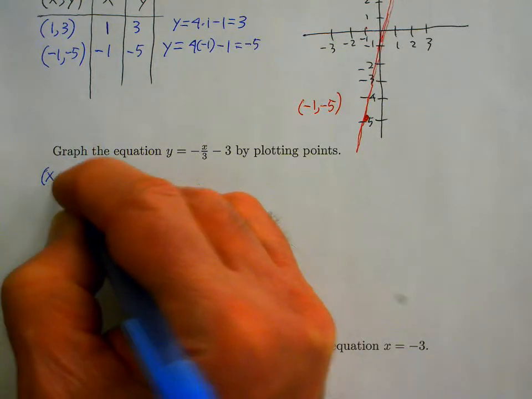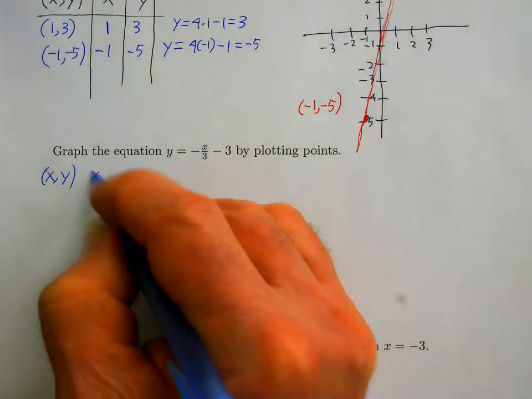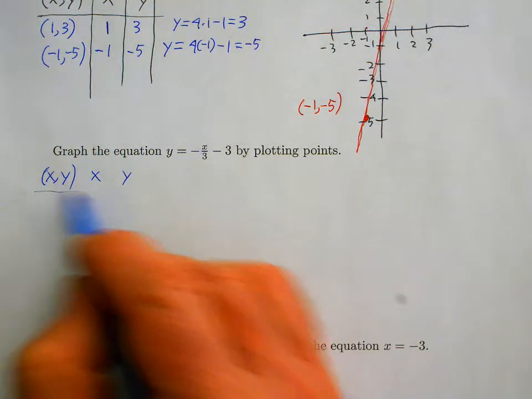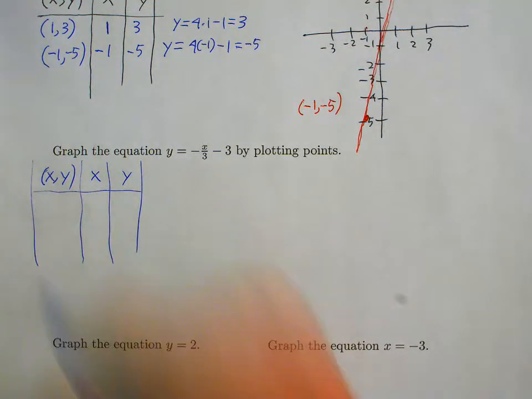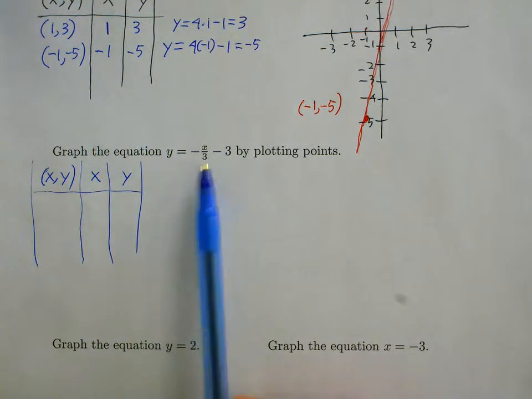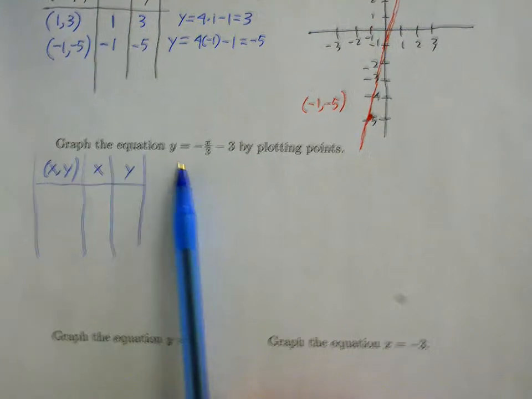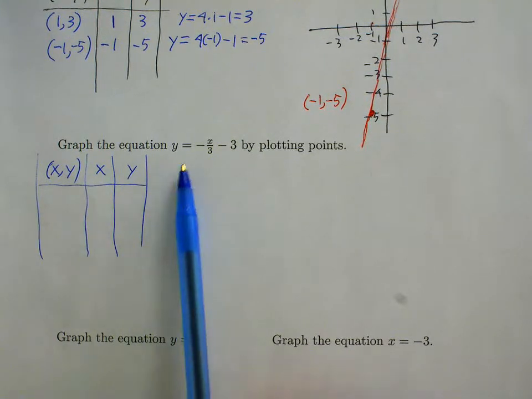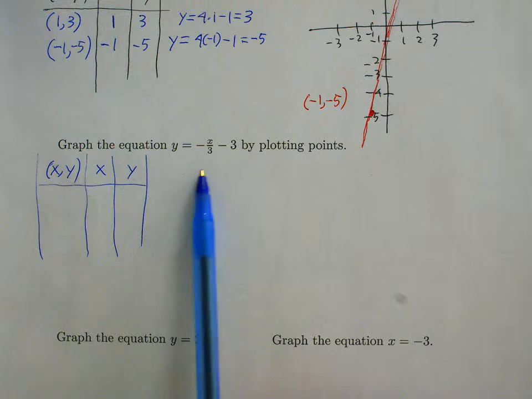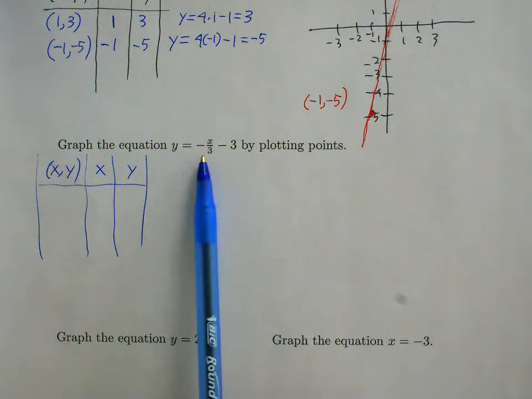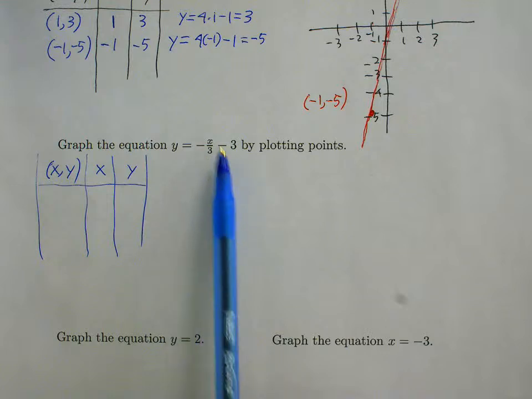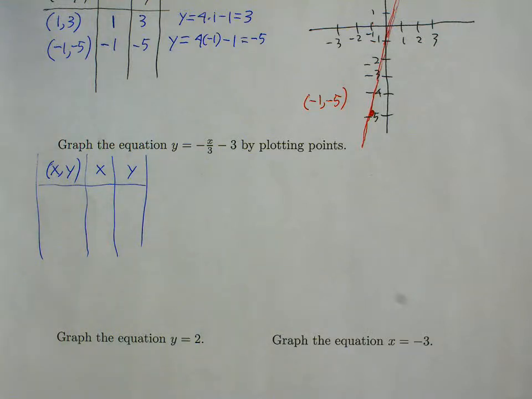So we'll just find 2 ordered pair solutions. On the left-hand side we have y. On the right-hand side, that's equal to -x/3 minus 3. Since I'm dividing x by 3, it will be more convenient if I pick x to be a multiple of 3.